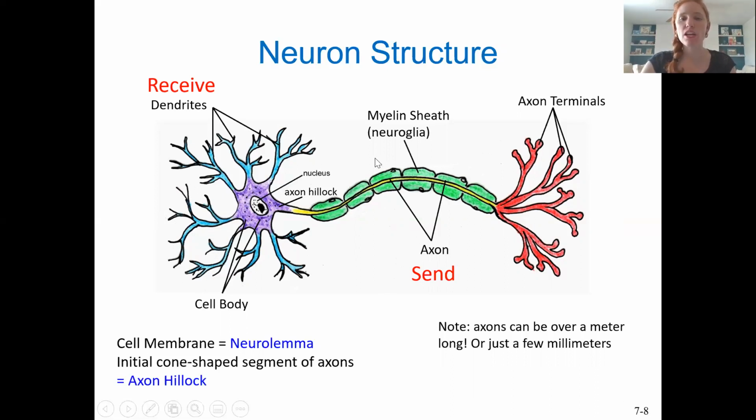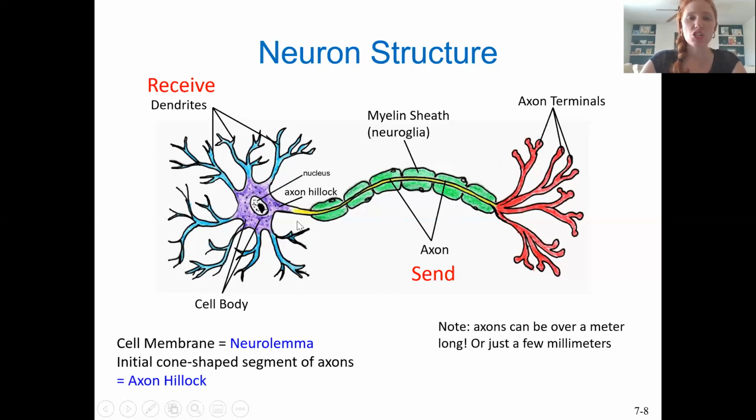So later we're going to look at how those axons are going to create nerves, and so you can really think about how you can move information for long, long distances along the axon. So dendrites receive, these are the shorter processes coming off of the cell body, and then the axons send information, so they're generally longer and more dominant.